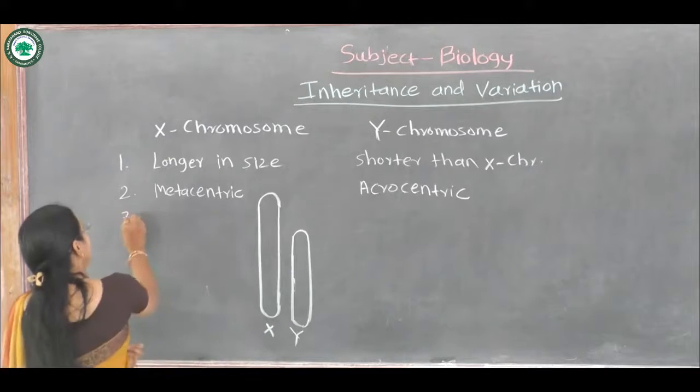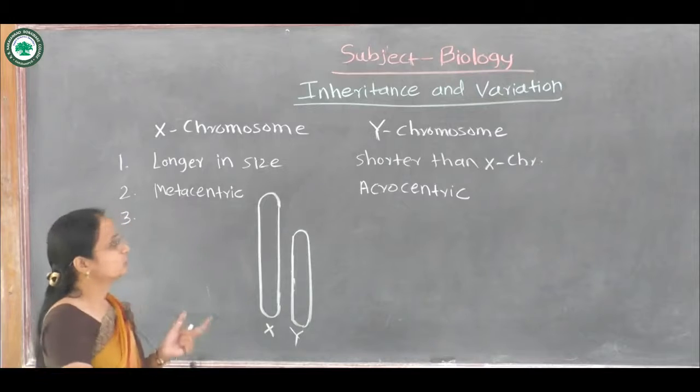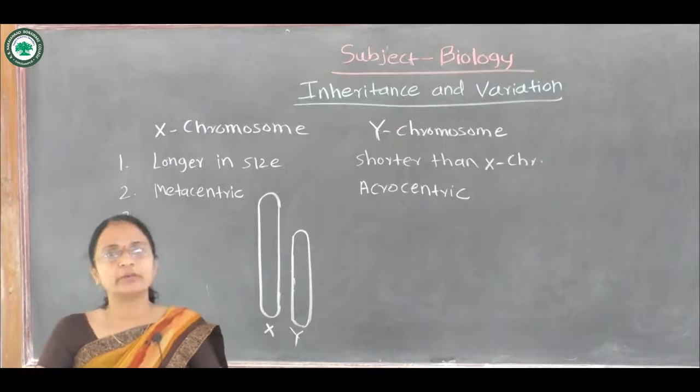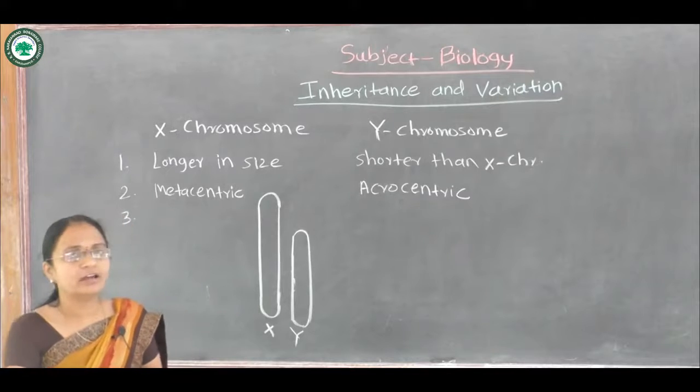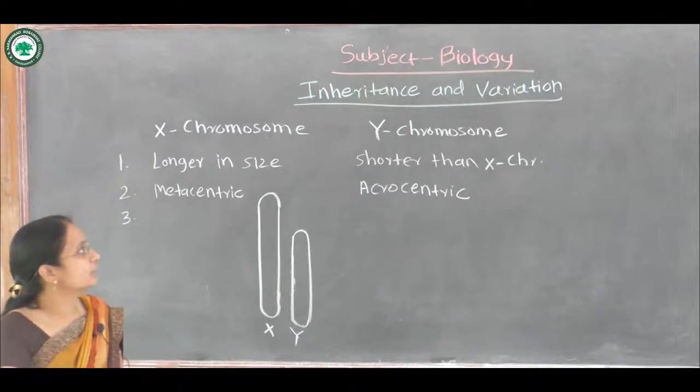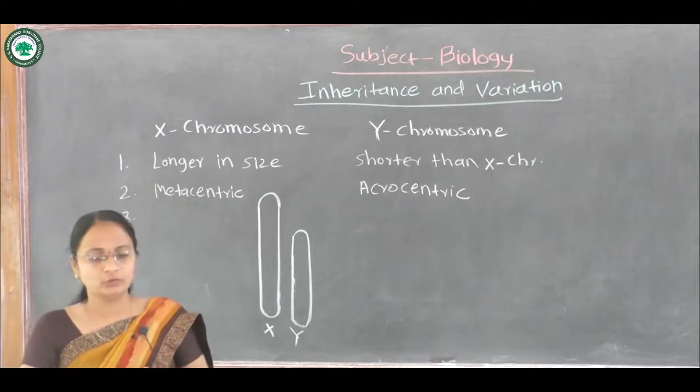Here the X chromosome and Y chromosome both show the euchromatin as well as the heterochromatin region, but their content is different, their percentages are different in X and Y chromosome.